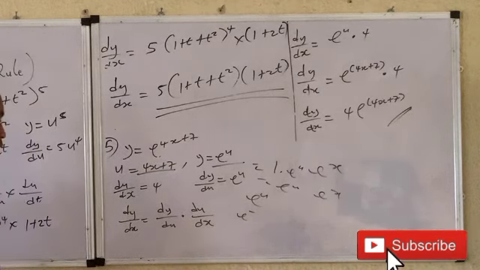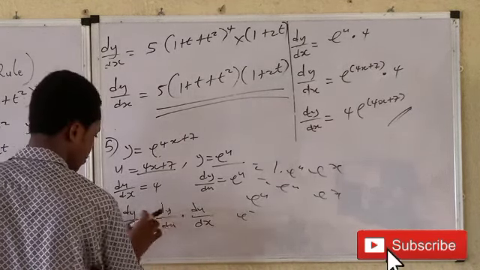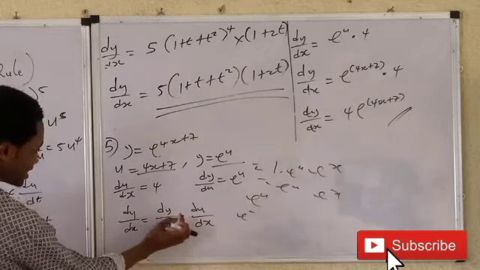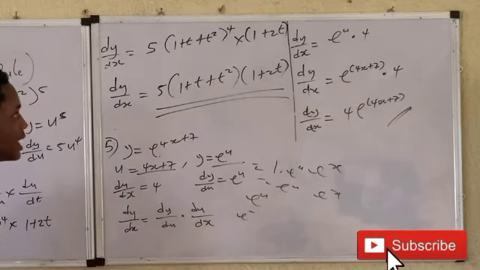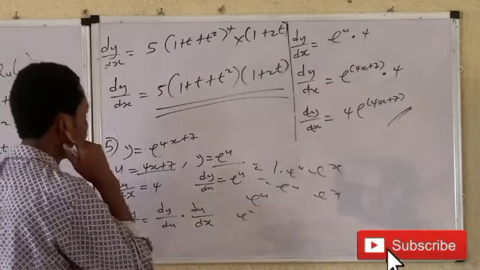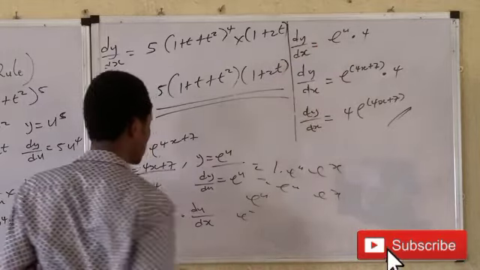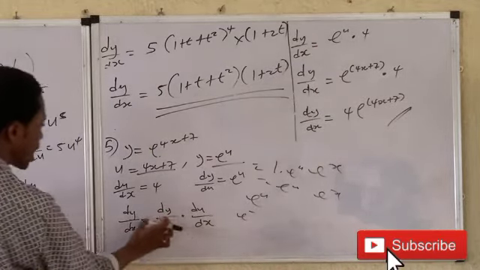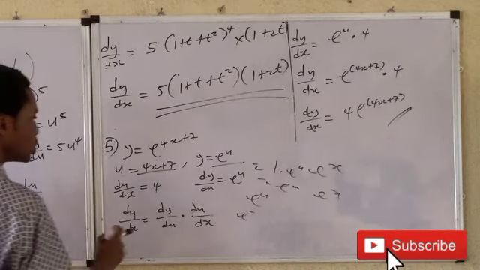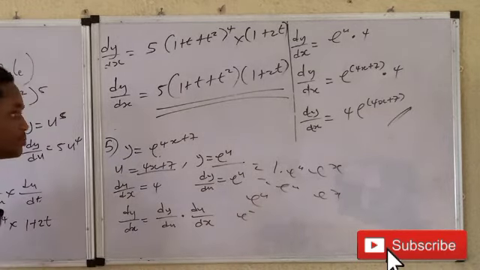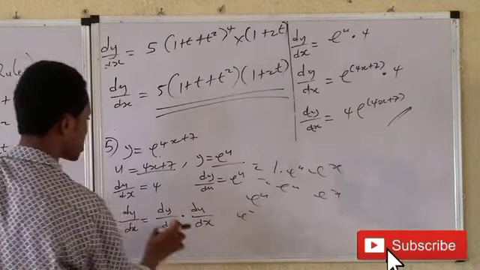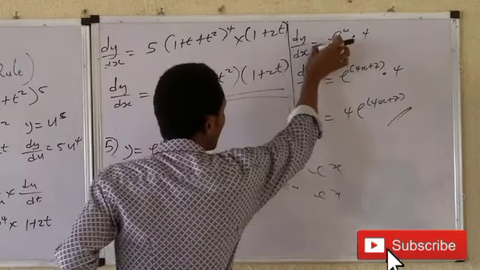Using the general formula, dy/dx equals dy/du times du/dx. Now dy/dx equals, where is our dy/du? Our dy/du is exponential u, while our du/dx is 4. You see?